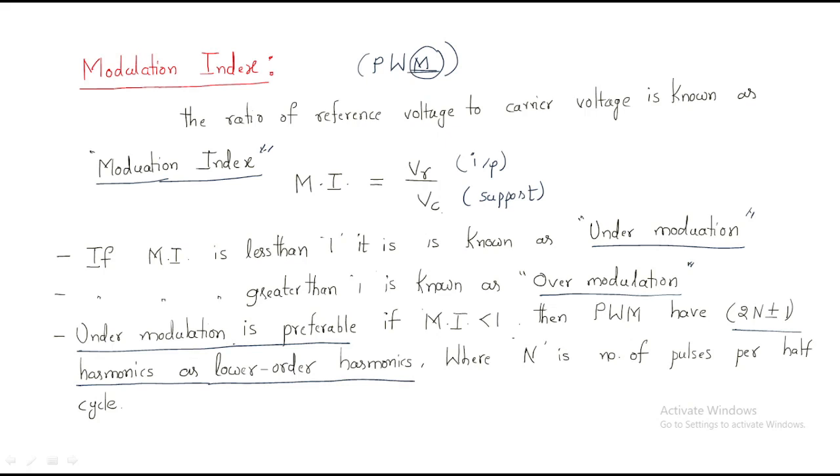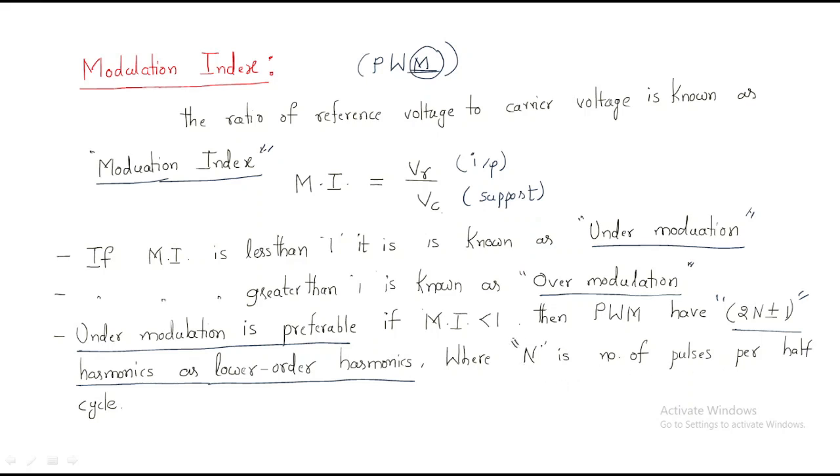That's why this is preferred. But in over modulation, we get more number of harmonics; here it is only a smaller number of harmonics. Understand? Where n is the number of pulses per half cycle.